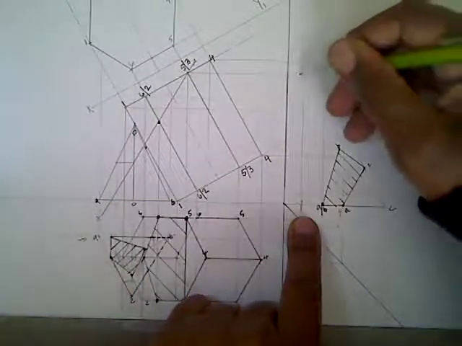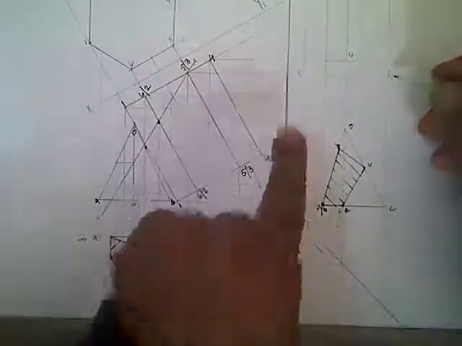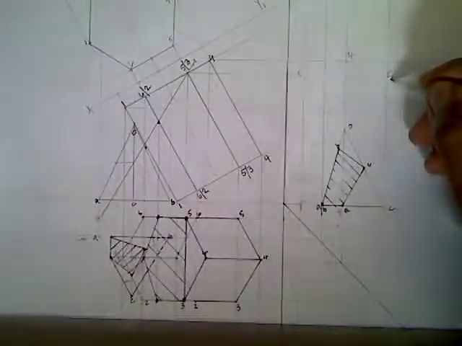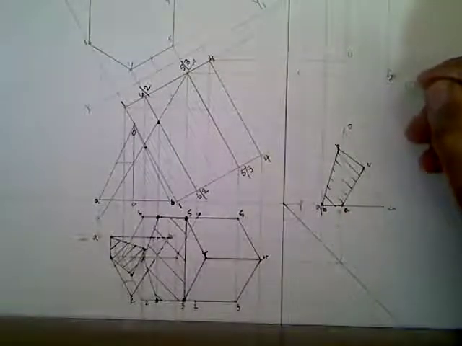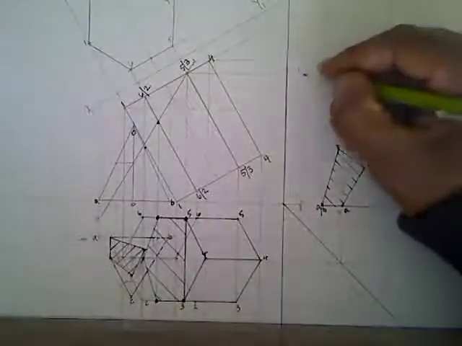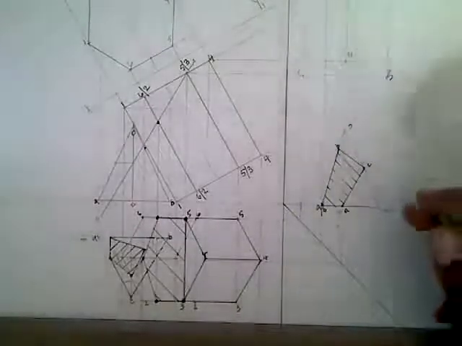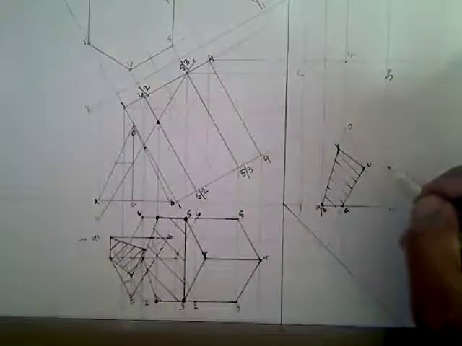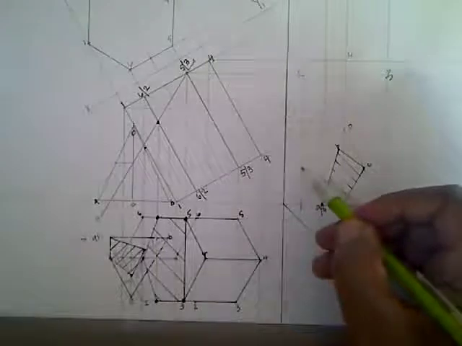So it is 5. No, it's 5 and 3. Checking, 3 is here. It's 5 and 3. There is 4. Now 5 and 3: 3 is here, 5 is there.